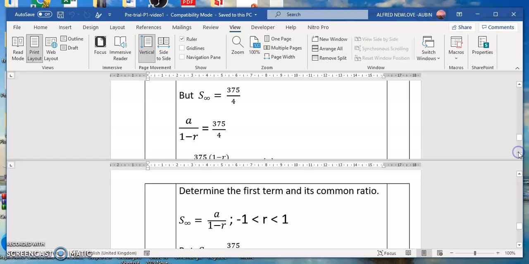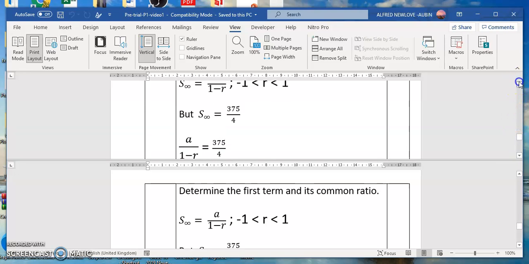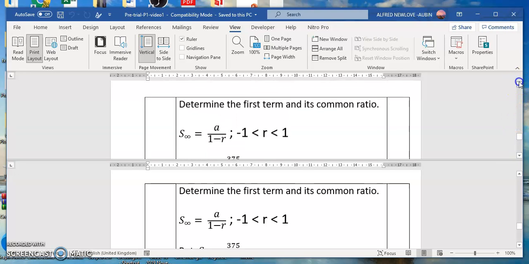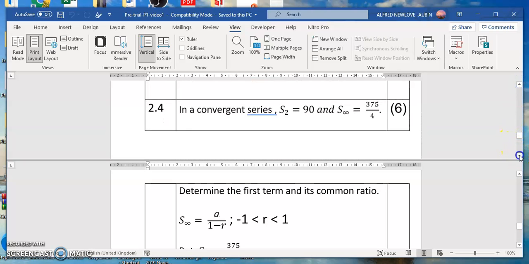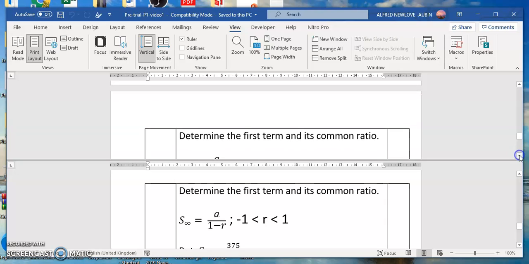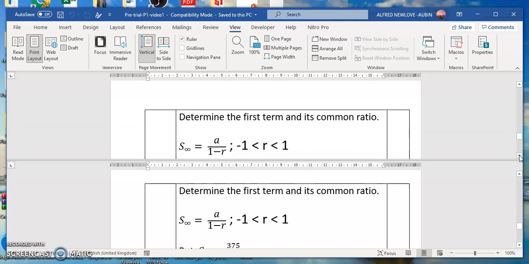This is our question. Then, we are supposed to determine the first term and the common ratio.